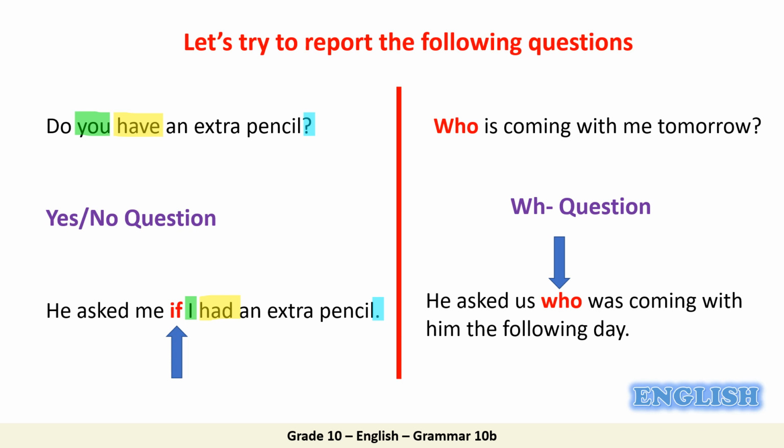We kept the same WH word, who, but we changed, as usual, the tenses, the pronouns, and the time expression: tomorrow becomes the following day. And don't forget, the question mark becomes a full stop. I hope it's clear for you.